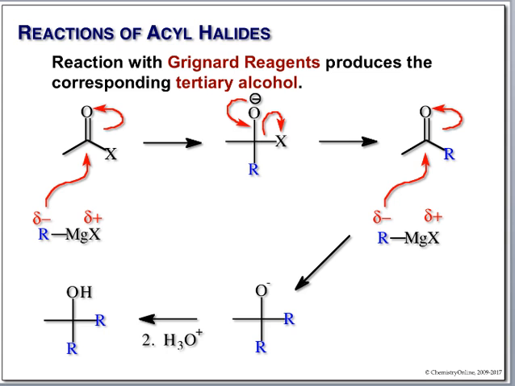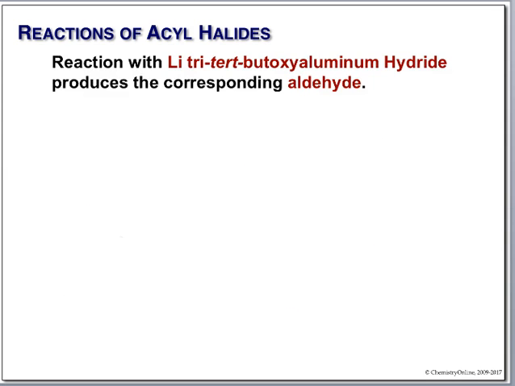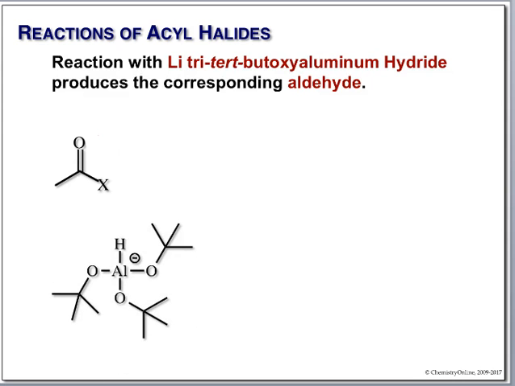There is one really cute reaction, reminiscent of what we did with nitriles and diisobutyl aluminum hydride. If you take an acid halide and react it with this stuff, so we have tert-butyl groups all around, we can only donate 1 hydride.